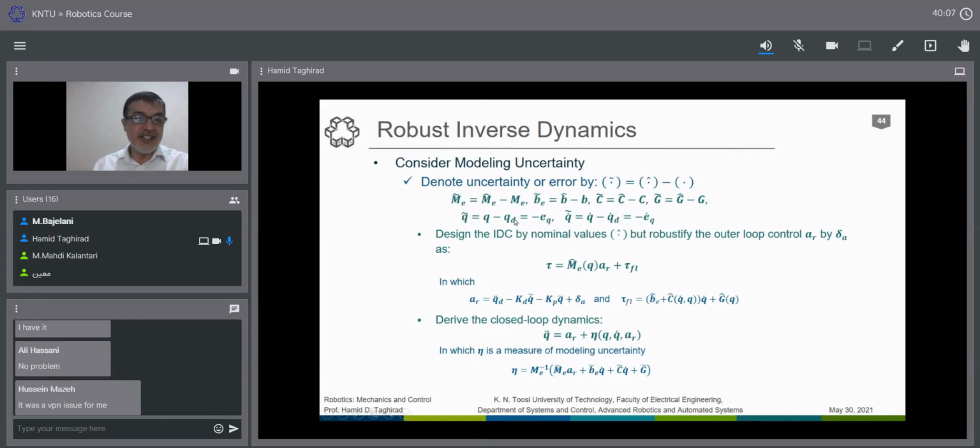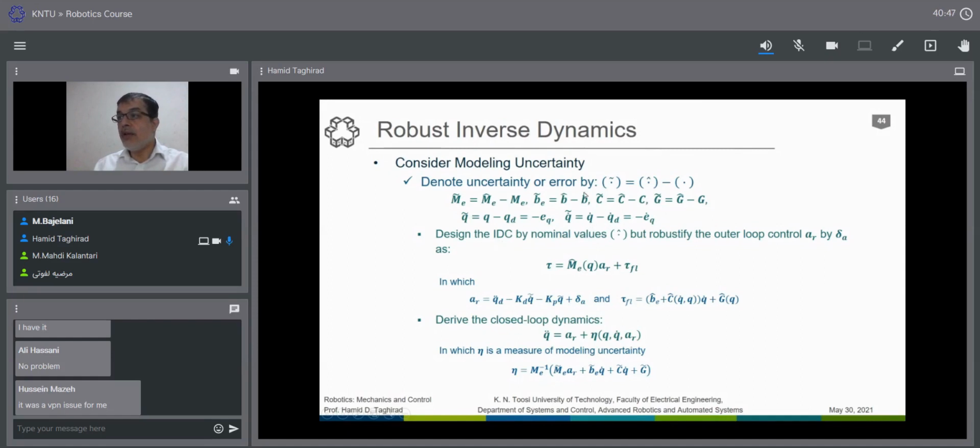The error is the difference between the value that you have, that you can measure, the value that is available, minus the desired value. And this could be also for Q dot or any other. If you have a disturbance, or anything else, you have the same idea. So consider that in this way.